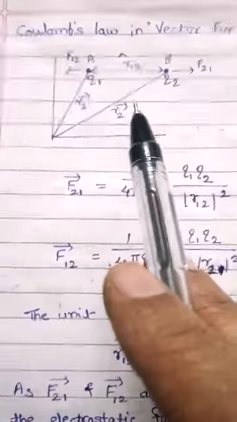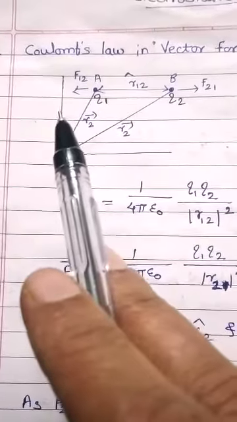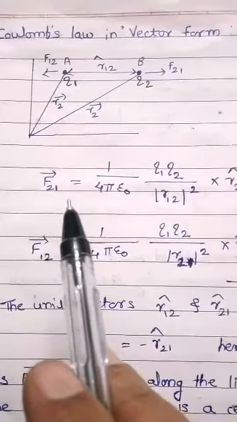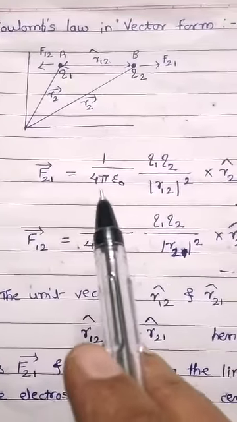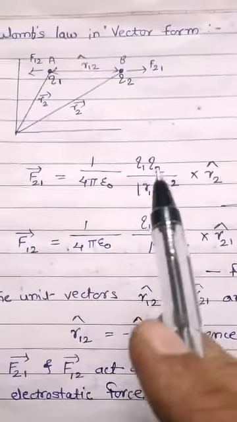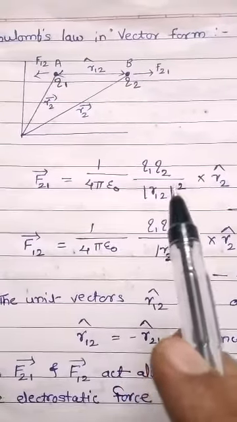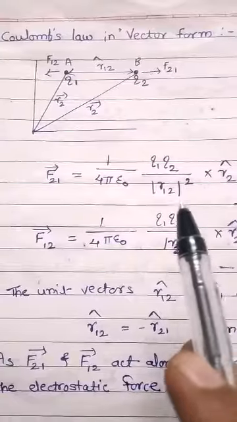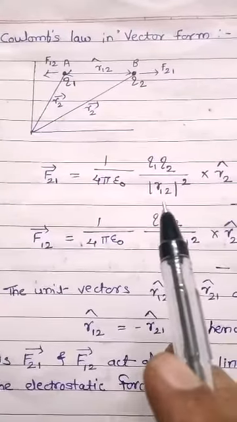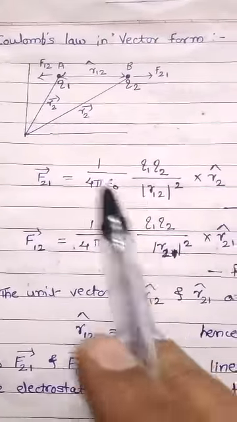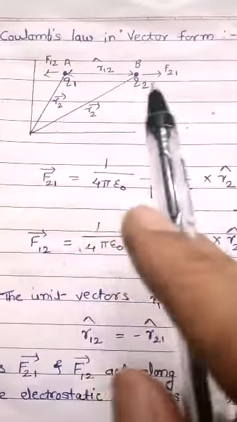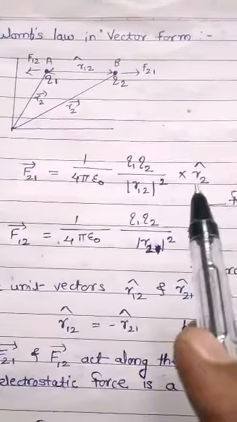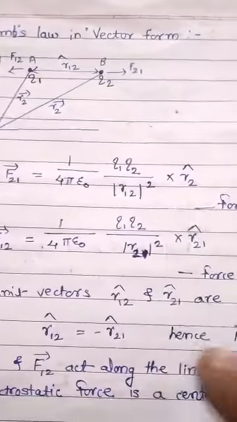So the F21 vector is equal to 1 upon 4 pi epsilon naught, Q1 Q2 upon mod of r21 squared, into r21 cap, where r21 cap is the unit vector along AB.